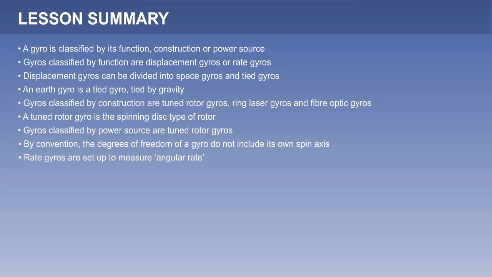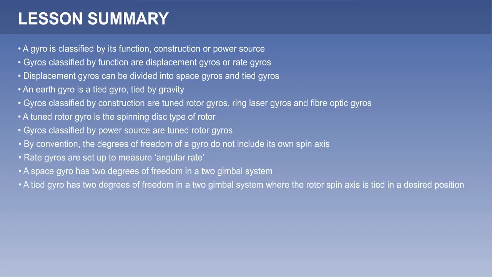Rate gyros are set up to measure angular rate. A space gyro is said to have 2 degrees of freedom in a 2-gimbal system. A tied gyro has 2 degrees of freedom in a 2-gimbal system, where the rotor spin axis is tied to a desired position.